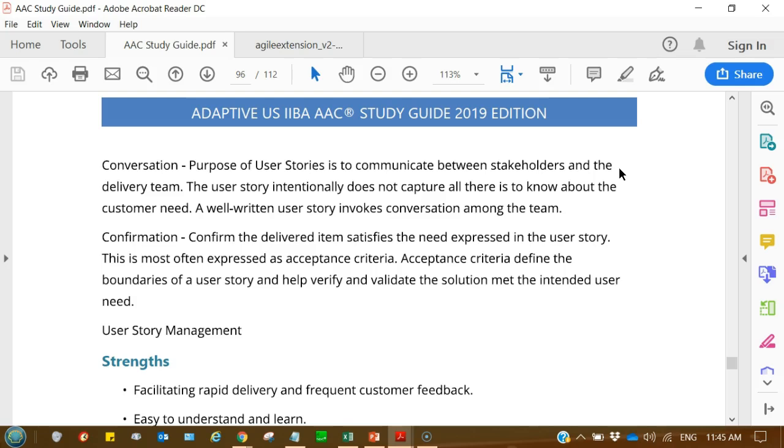The team should be having conversations between the delivery people and the business people to refine and understand exactly what is intended by the statement.